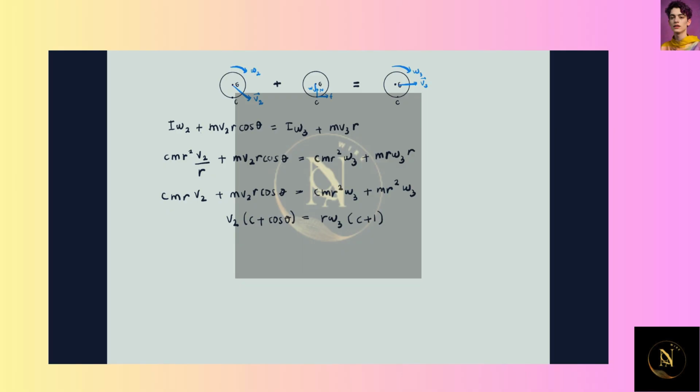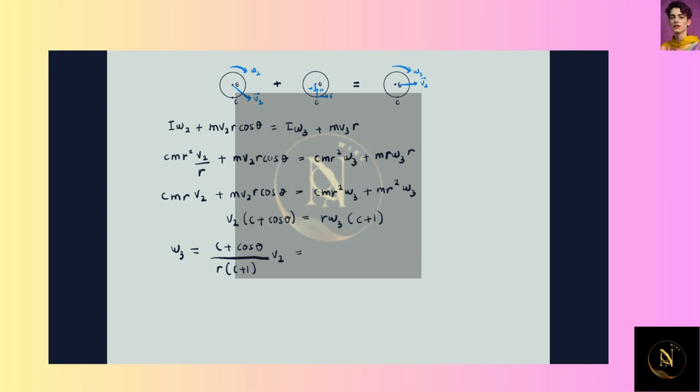Substituting the equation for v sub 2 and solving for omega sub 3, omega sub 3 equals c plus cosine theta all over r times c plus 1 times v sub 2.